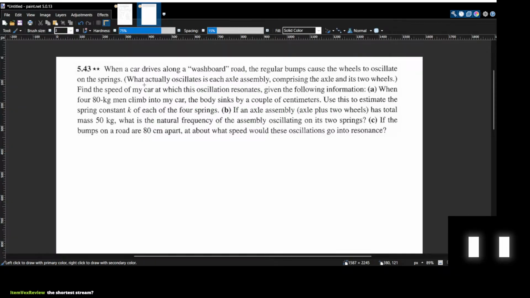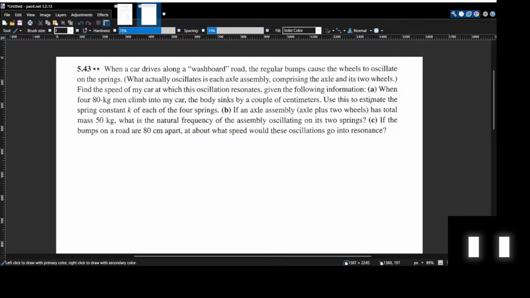Find the speed of my car at which this oscillation resonates, given the following information. A. When 4 80-kilogram men climb up into my car, the body sinks by a couple of centimeters. Use this to estimate the spring constant k of each of the 4 springs.